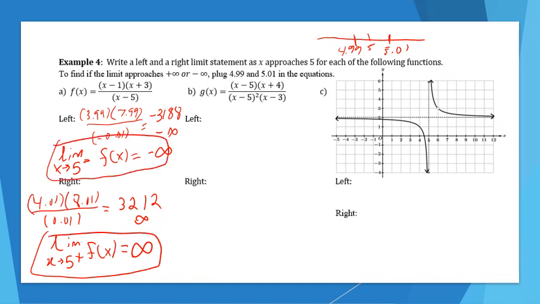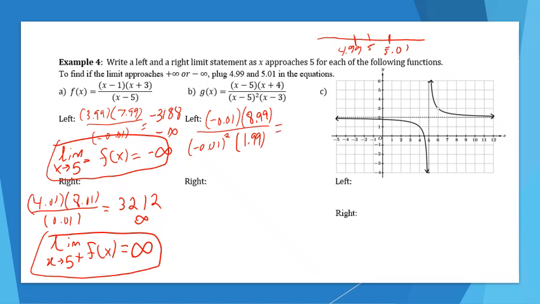The next one, by plugging in 4.99 on the top, you should get negative 0.01 times 8.99 all over negative 0.01 squared times 1.99.